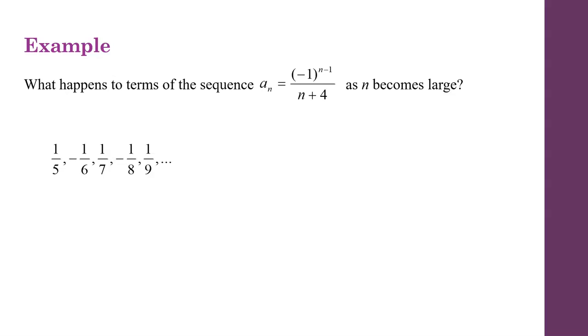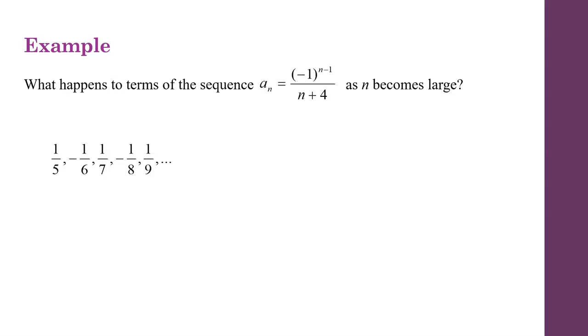So we can see in this sequence as the denominator gets bigger, the fraction as a whole keeps getting smaller. The absolute value of these terms are going to get closer and closer to 0, and then the negative isn't going to make a difference.